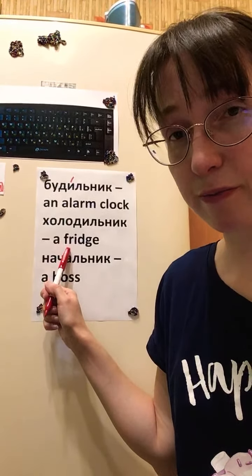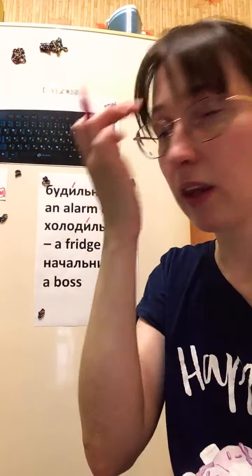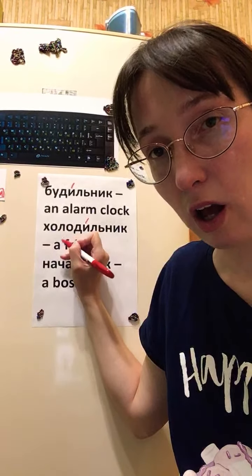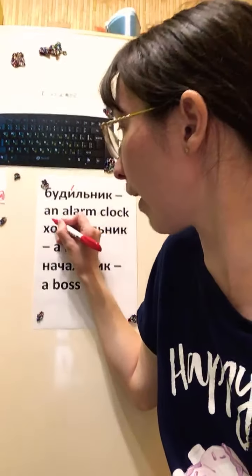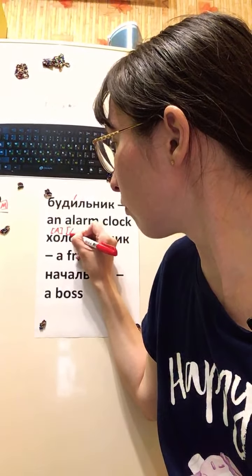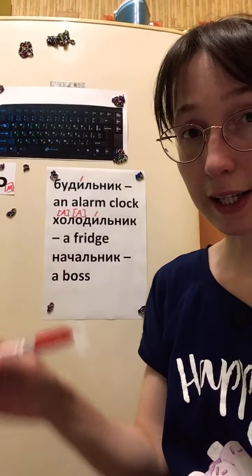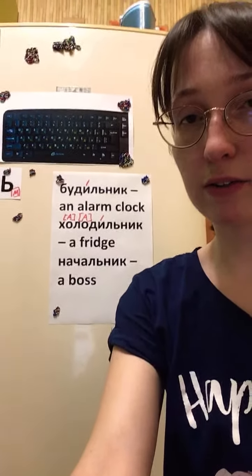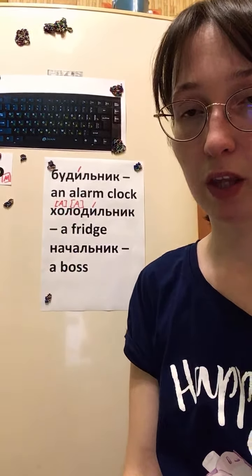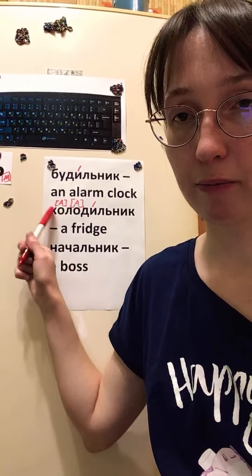A fridge. E is stressed. Don't forget that unstressed O are pronounced like A. So again, try to read this word by yourselves and then I will help you. 1, 2, 3, 4.